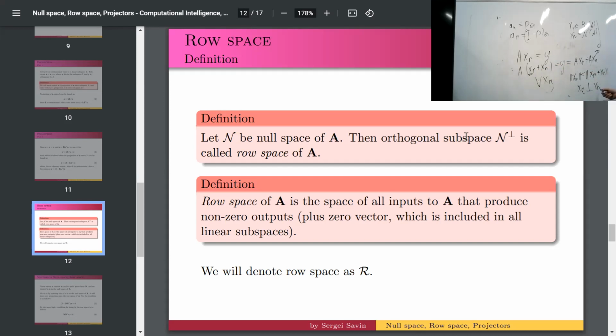And by Pythagorean theorem, or whatever theorem you would want to invoke, the norm of the sum of orthogonal vectors would have to be bigger than the norm of the components.